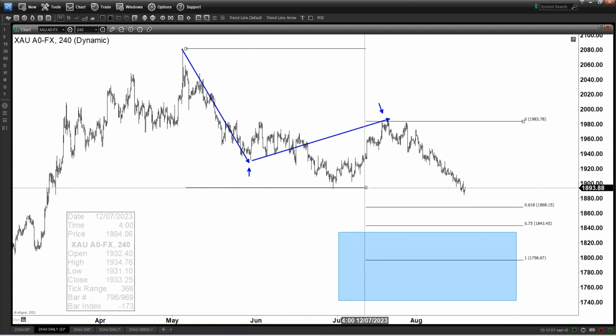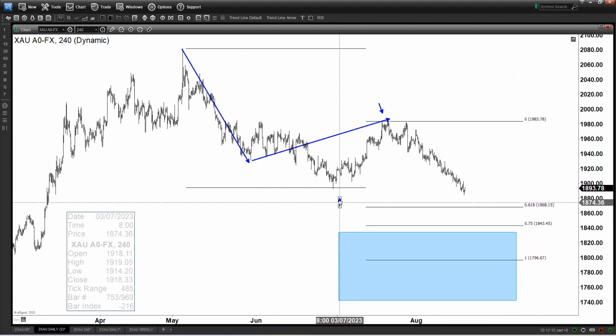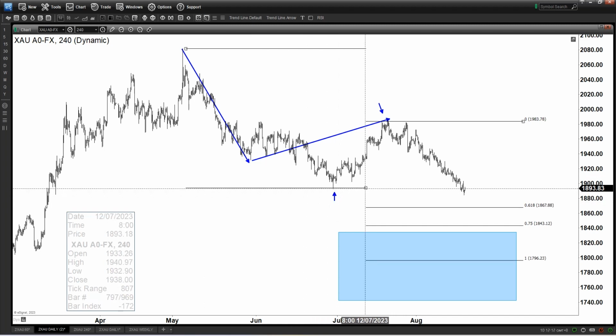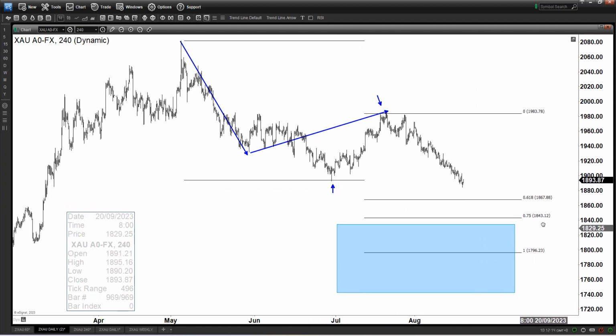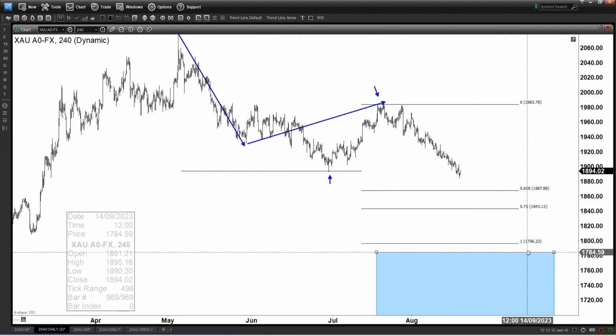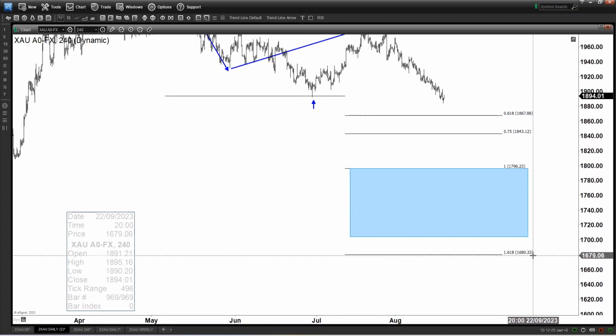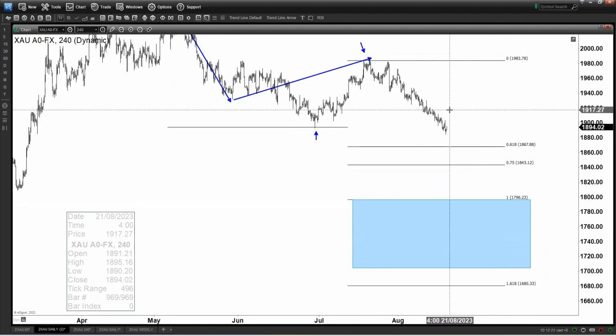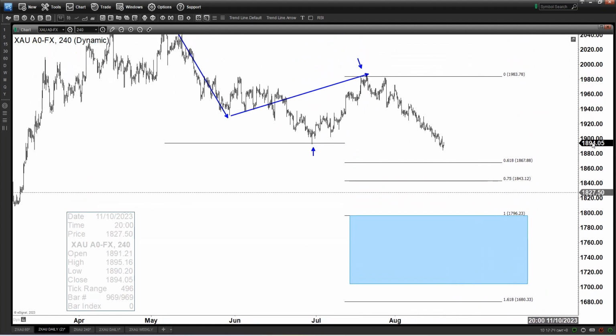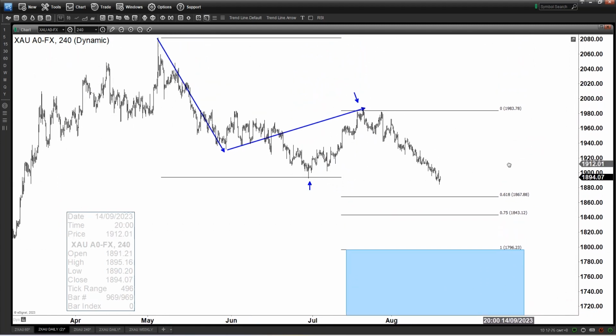is using this one as your connector here. In that case, if it really can go as low as 100%, then it can go back to 1800. That's the worst case, 1800 to 1680. Even that is within a bullish market, even if we drop $100 from here.